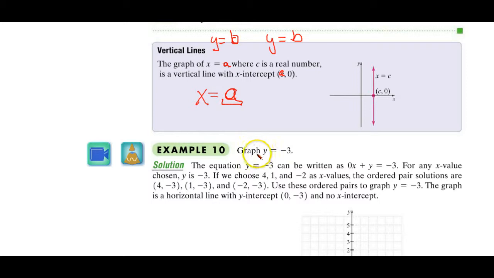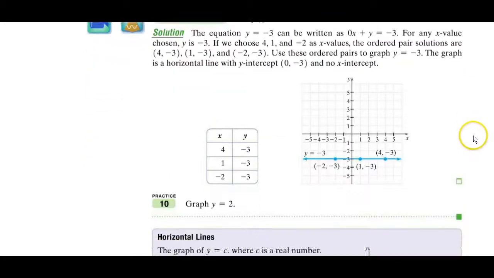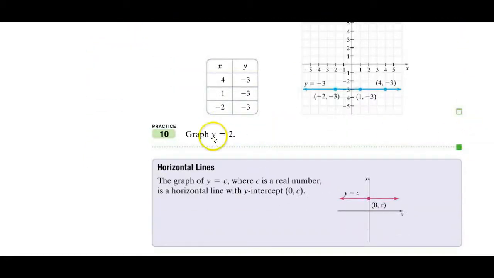Okay? Here we see it in graph 10, y equals b. So it will be a horizontal line going through -3, and that's your y-intercept. And there you see it right there. This will be y equals 2.